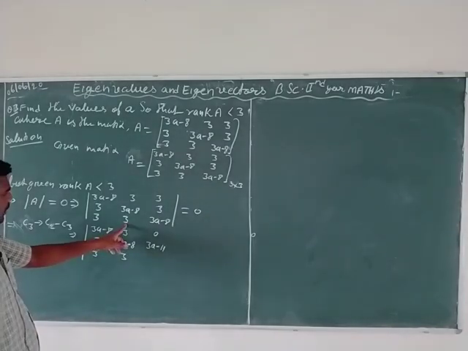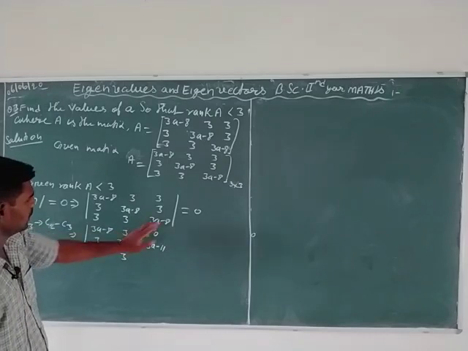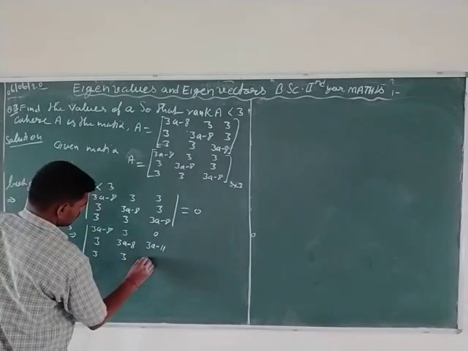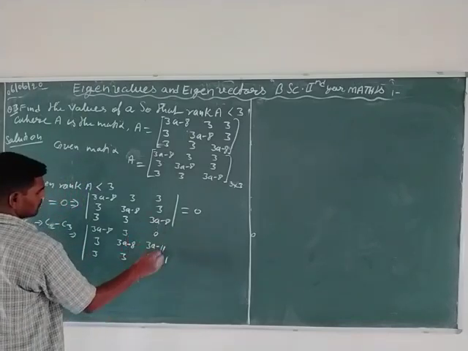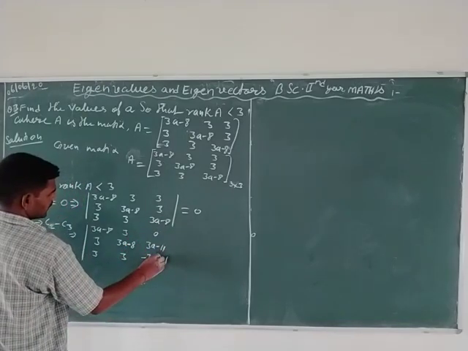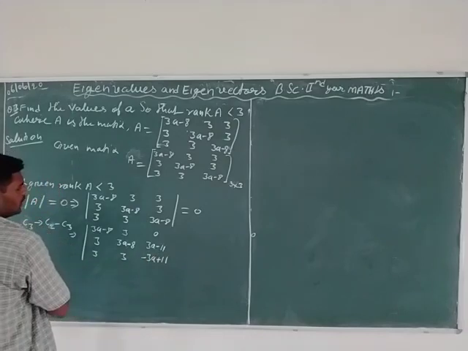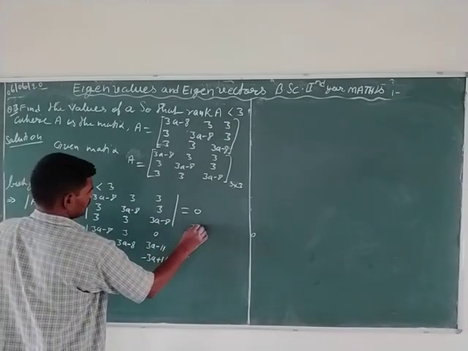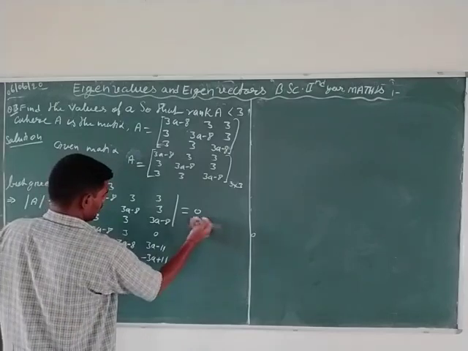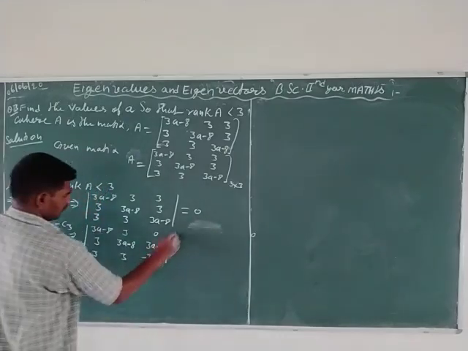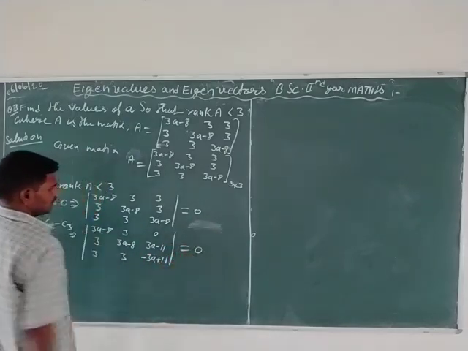At last, 3 minus 3a minus 8, so minus 3a minus 11, minus plus, and 3 plus 11, 3a plus 11, whose determinant is equal to 0.